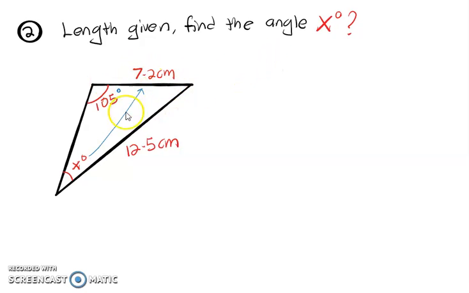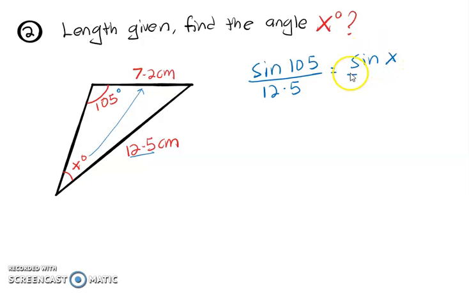Alright, so by substituting all these values into the sine formula, sine 105 over 12.5, you have to use the pair, and sine x over 7.2. Okay, so the 7.2 here we have to move up and it will become multiply.